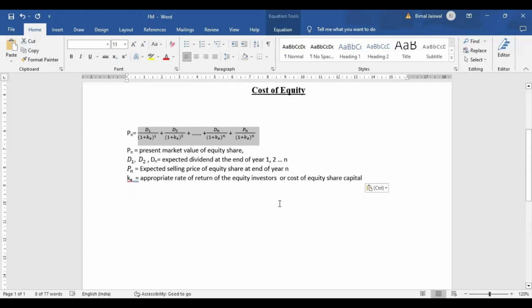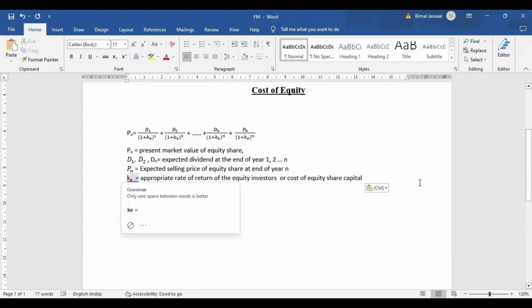But along with this, we have other types of calculations with respect to cost of equity, because equity is basically a non-fixed instrument. That means the rate of growth cannot be predicted. That is why there are certain methods which can be followed for calculating the cost of equity.